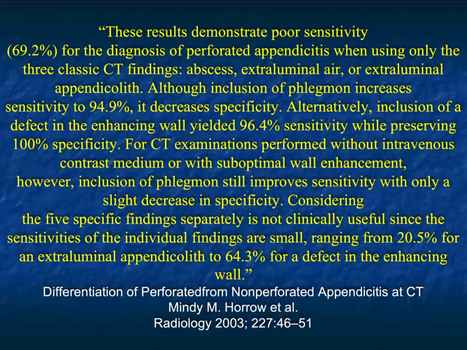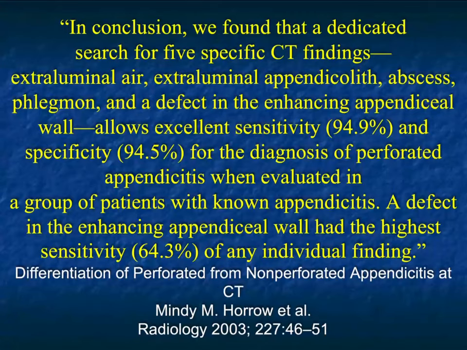So again, looking at multiple findings is really the main thing I take away from this article. Looking for 5 specific findings: extraluminal air, extraluminal appendolith, abscess, phlegmon, and a defect in the enhancing wall, makes it about 95% accurate for the diagnosis of perforated appendicitis when evaluating a group of patients with known appendicitis.